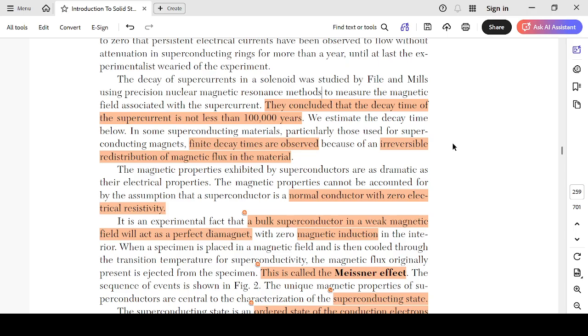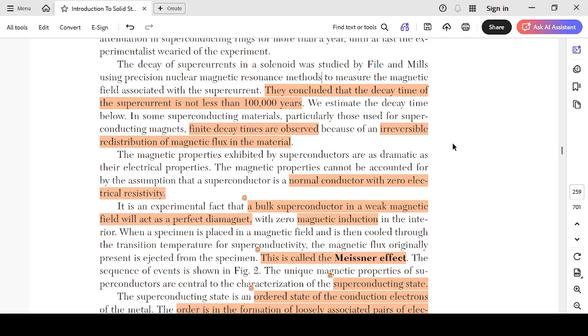Also, decay time can be estimated in some superconducting materials, and a finite decay time is also observed.